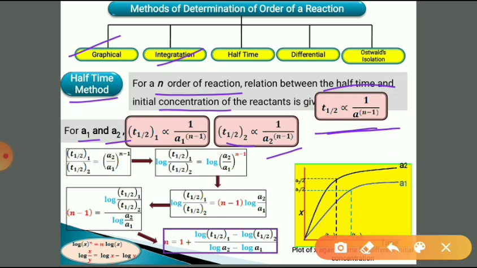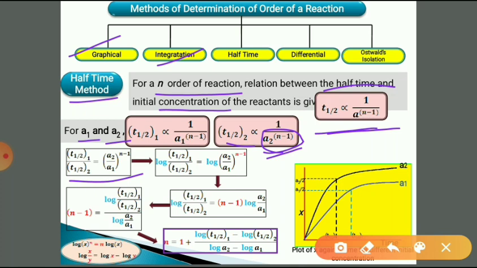After taking the ratio of these two relations, we get t half 1 upon t half 2 equal to a2 upon a1 raised to n minus 1. Here the denominator goes to the numerator, and this is what we obtain.